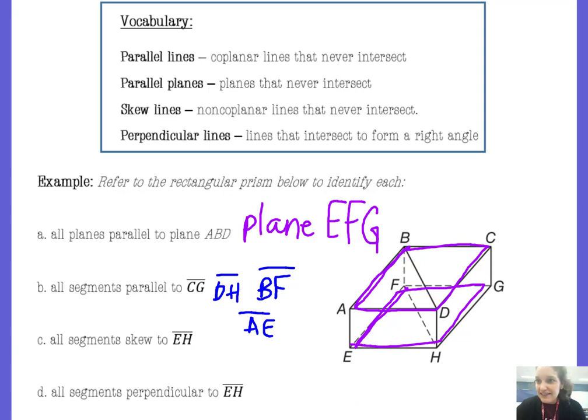The next vocab word is skew lines. So skew lines are lines that are never going to intersect, but they are non-coplanar. So this one's a little tricky. If we think about segment EH, well, skew lines are different than parallel lines.